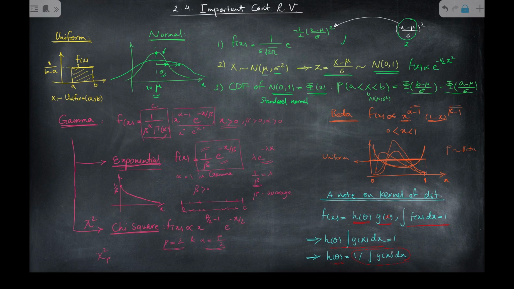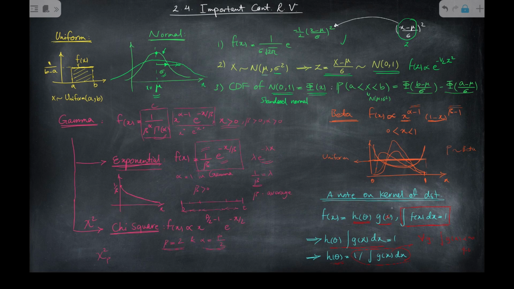So for all g such that this integral is finite and also not 0, you can find this h and use it as a normalizer. This is the normalization that we need. We need f to integrate to 1.